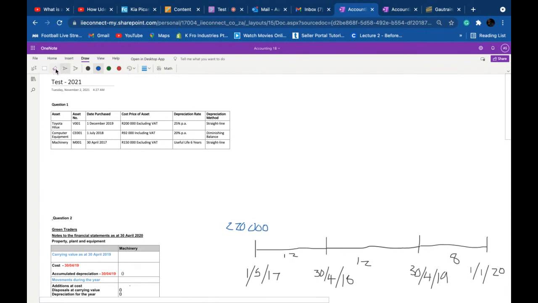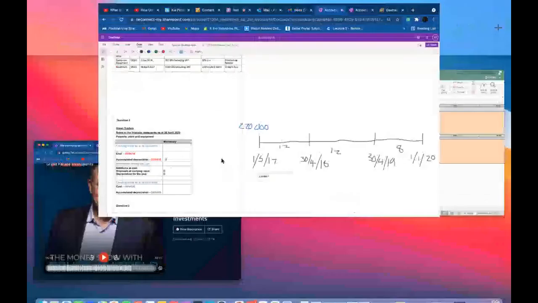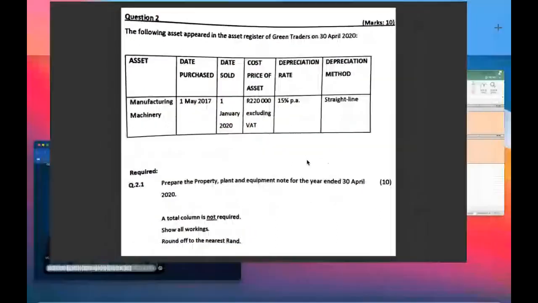So let's begin to calculate. 220,000 times, what is the interest rate? 15%, I believe it was. Yes, 15% per annum.